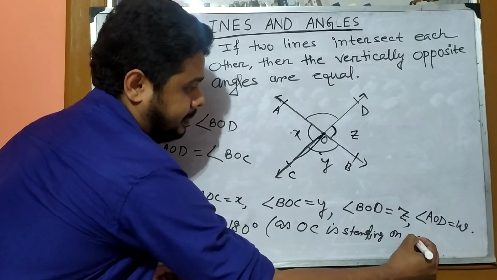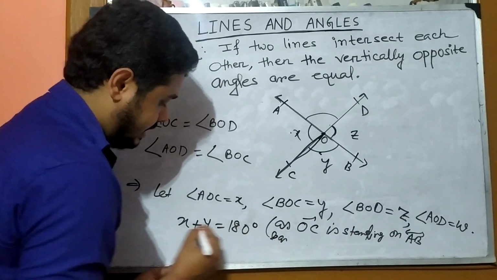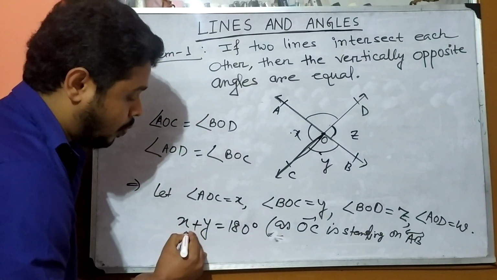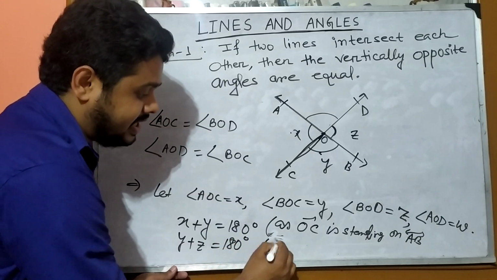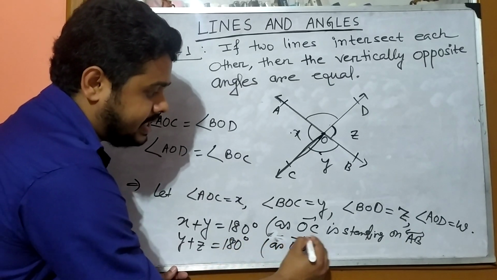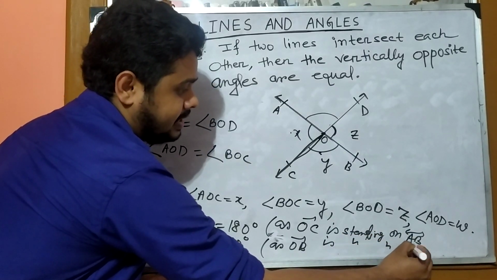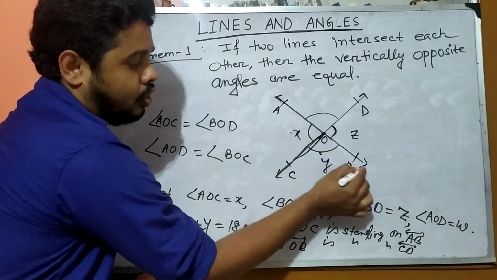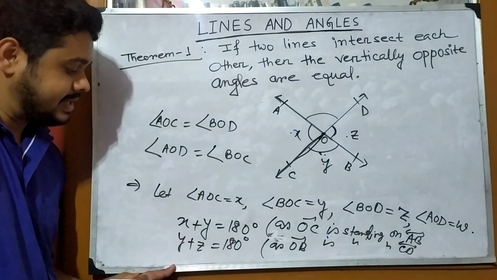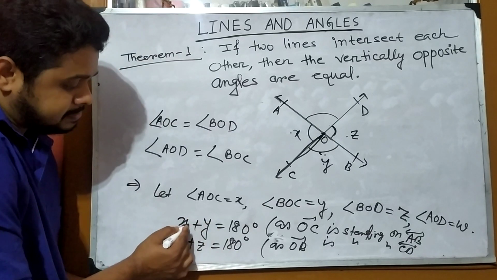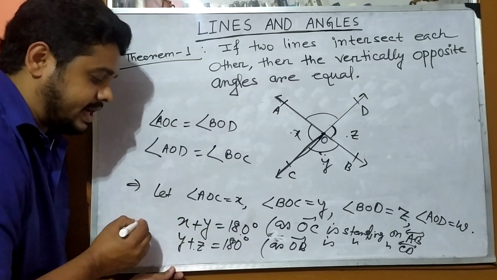And again Y plus Z equals 180 degrees, as OB is standing on CD. See, OB is standing on CD, so we can write Y plus Z equals 180 degrees. Now X plus Y equals 180 degrees and Y plus Z equals 180 degrees.